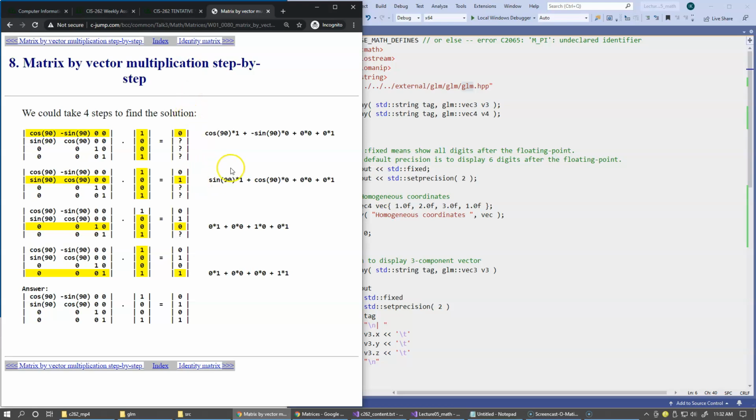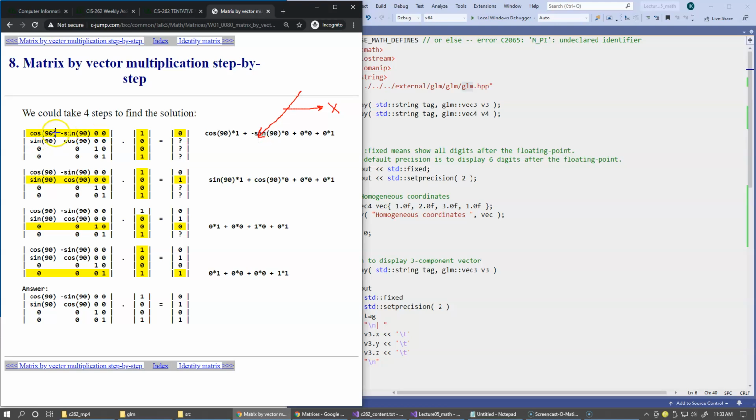This is the same example, but now step by step we're just filling in the question marks, which will result in a new vector right here. Basically, we take the vector described by this set of coordinates, 1, 0, 0, this of course is the normal x vector, and then we want to rotate it around the z-coordinate.